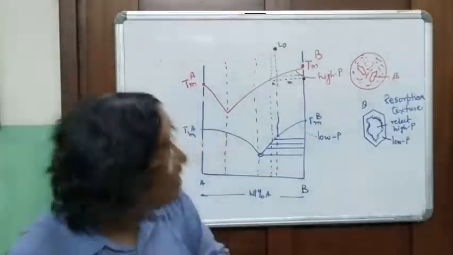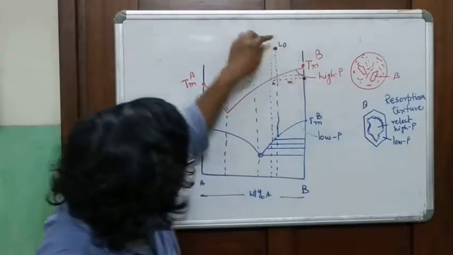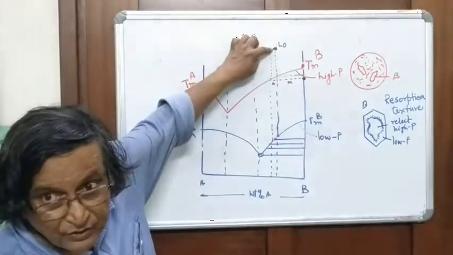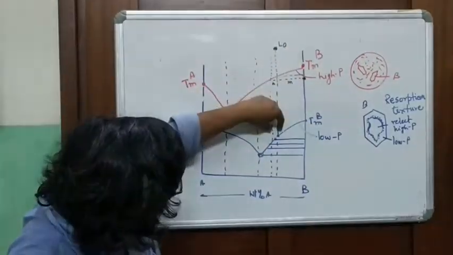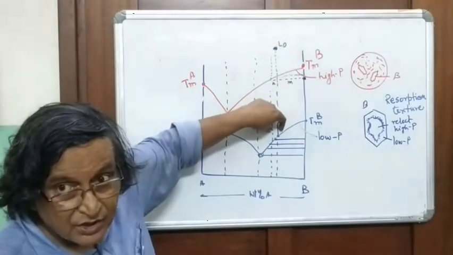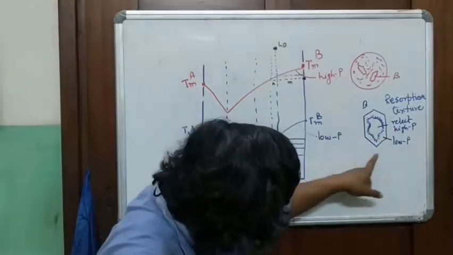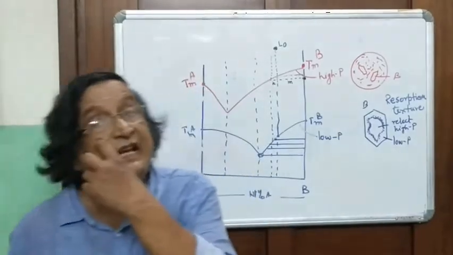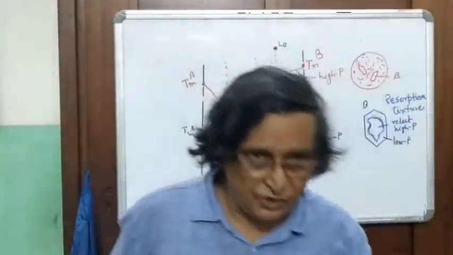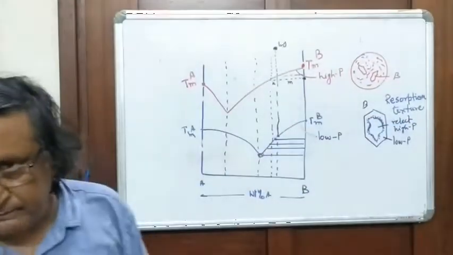Because if there is a relict, then you don't get back your L0. You start, as I told you, somewhere between this and this. So this whole crystal does not have a single history. It has a multiple history. It's a more complex history.